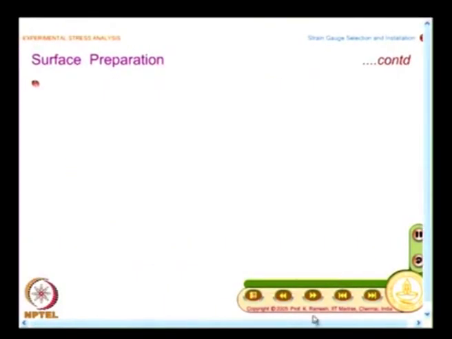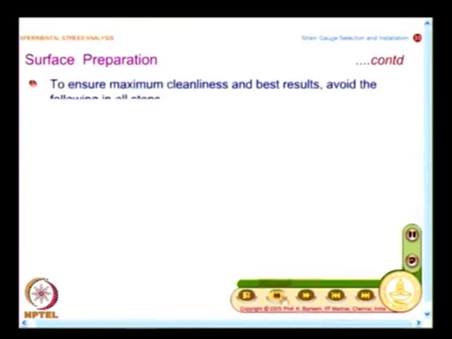And when you go for plastics or composites, you have to try out the various steps recommended by the manufacturer and follow the recommendation after standardizing the procedure. We are only going to look at how to paste a strain gauge on an aluminum surface. It is a very simple one that gives out the various steps and you get an idea how to go about it in general.